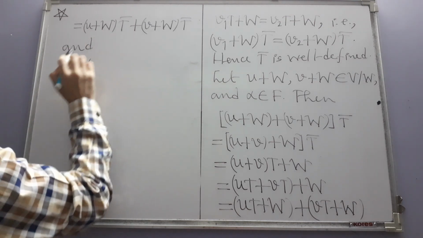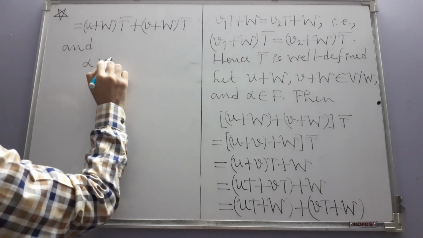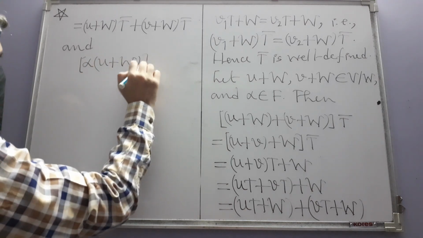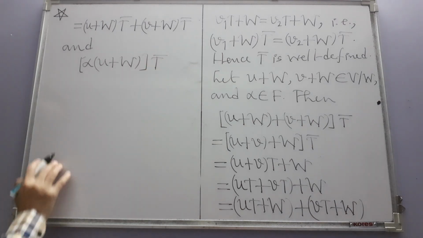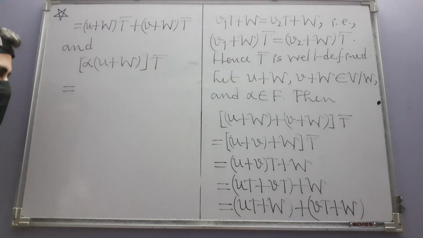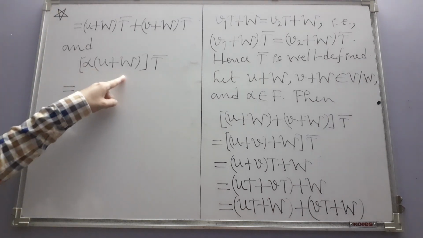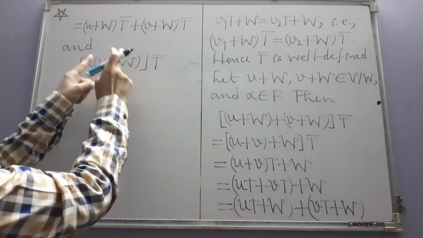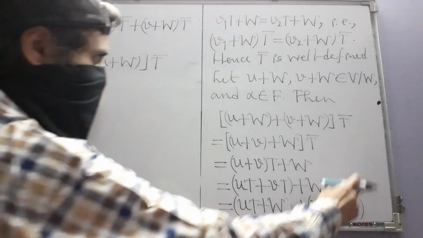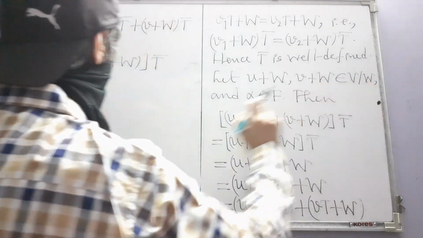Next we are going to take the scalar multiple of alpha and u plus w, and on that we are going to apply T bar. By the definition again, we are looking at the product of a vector and a scalar. So what is the definition of scalar multiplication in this space?